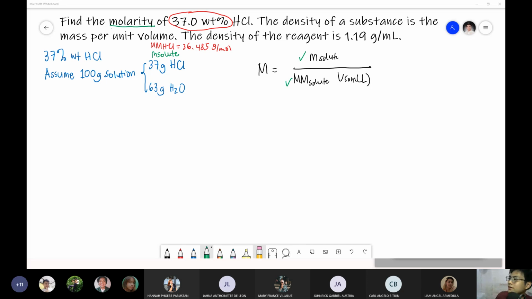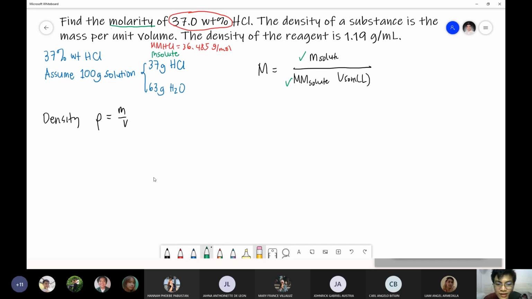Okay, so anyway. Kasi, ayun. When we use density, it is the ratio of the mass and the volume, given na yung density of the solution. Pag sinabi reagent, it is just the solution. Fancy word for solution, okay? So using the density, that's density, mass over volume.